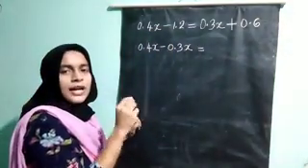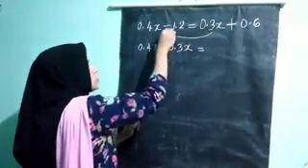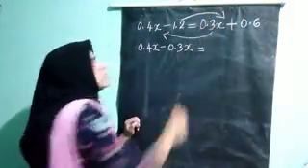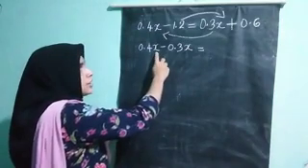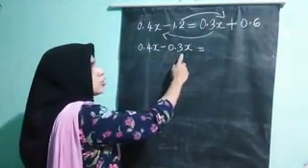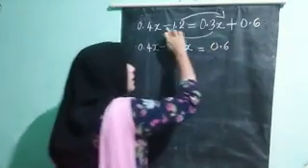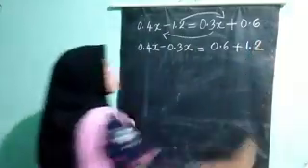In one step, I have transposed 0.3x to this side and 1.2 to the other side. So 0.4x already there, minus 0.3x. Now already there is a 0.6. Minus will become plus 1.2.